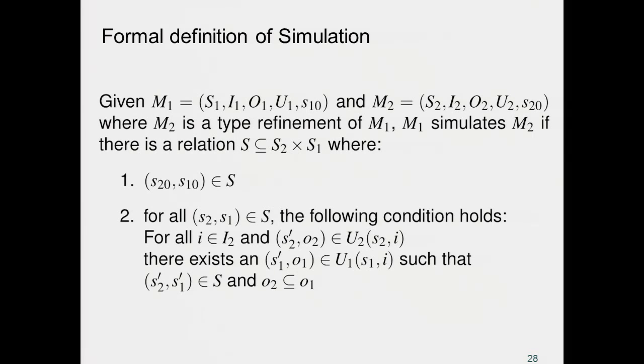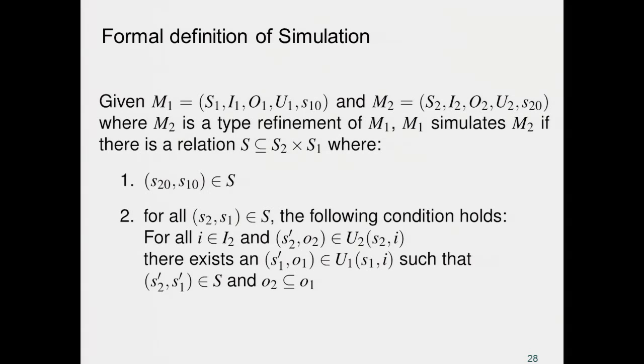So for all the pairs belonging to the simulation relation S, the following condition holds. For all inputs in I2, and for all states S2 and outputs O2 that belong to the reaction set of S2 and I1, there must exist a pair of state and output that belongs to the next state relation, such that the pair S'1 and S'2 belongs to the relation, and the output set of machine 2 is contained in the output set of machine 1.